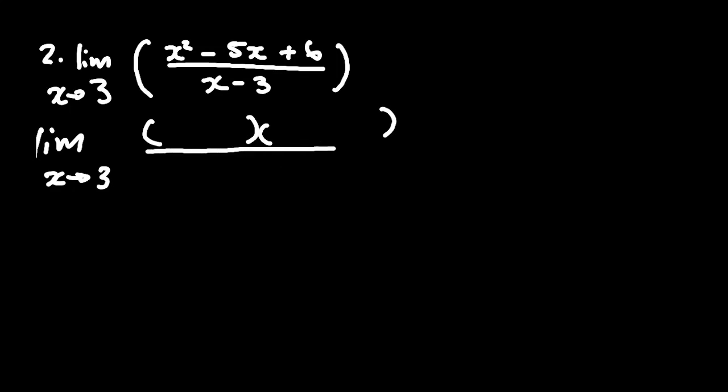A quadratic. So I will have the factors of x squared, which are x and x, and then I will look at the last term, and my last term is 6 and my middle term is 5. So I will look for the factors of 6, which are 1 and 6, 2 and 3.